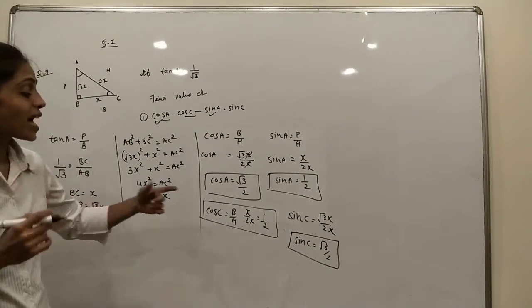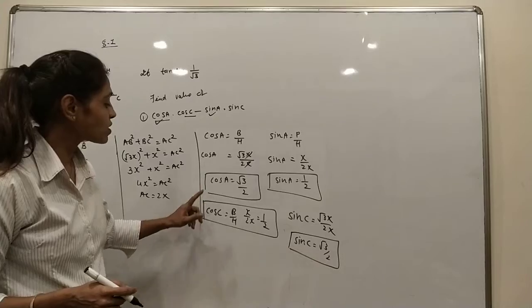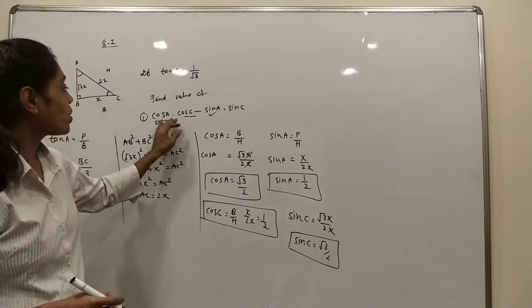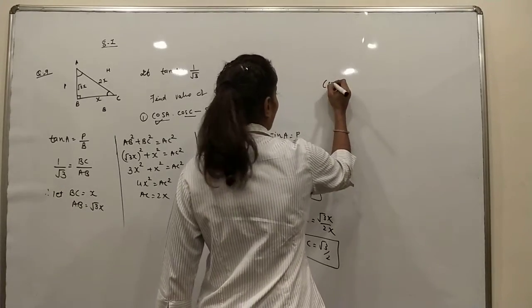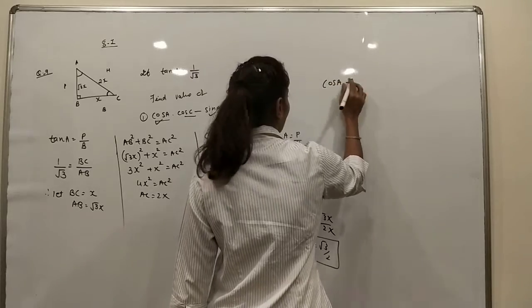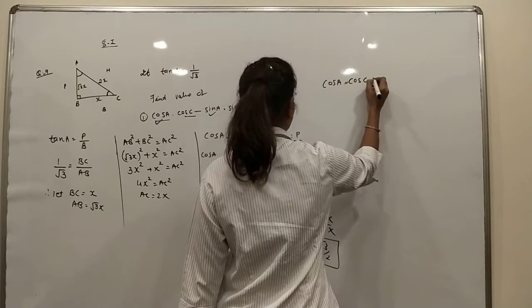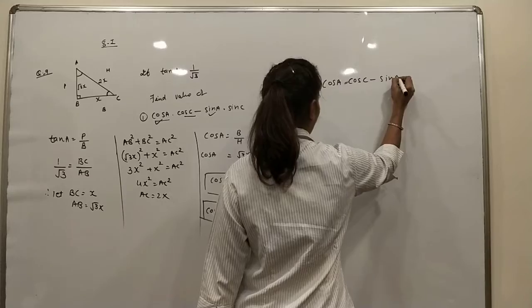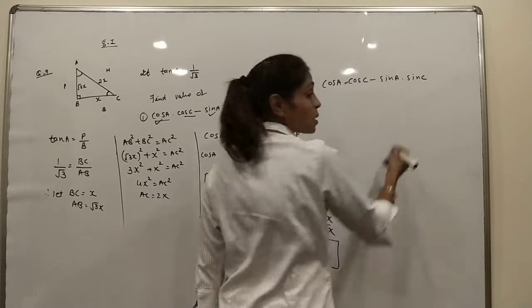Now I have sin A, sin C, cos A, cos C. Now the question: cos A into cos C minus sin A into sin C. Do you understand?